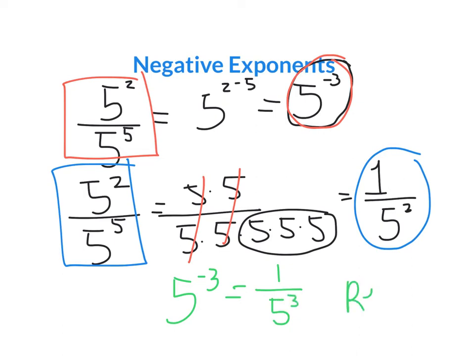This is called a reciprocal. You probably have seen reciprocals before, in the context of taking a fraction and flipping it over, like 2/3 and 3/2. We have the same thing going on here: 5 to the negative 3 and 1 over 5 to the third. And so a negative power is its reciprocal.